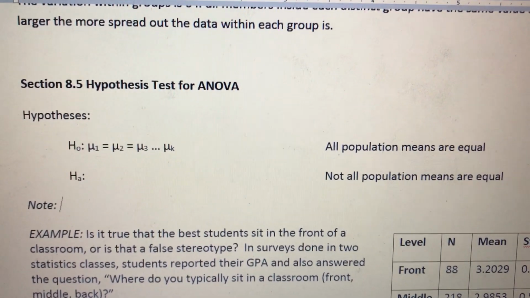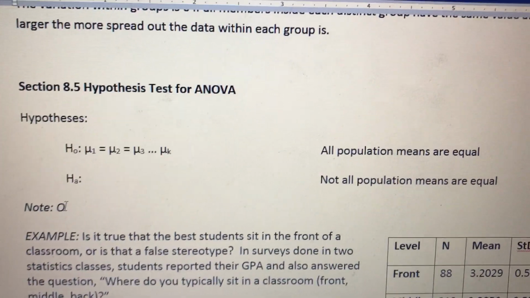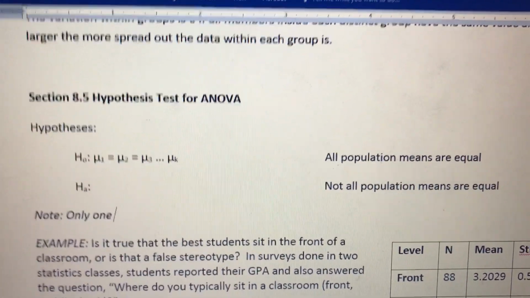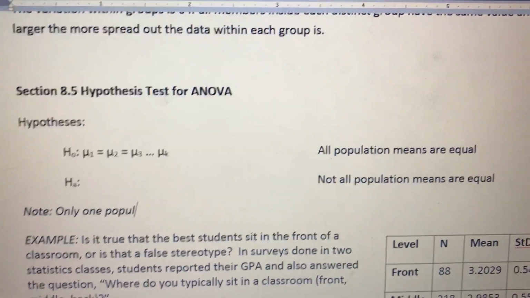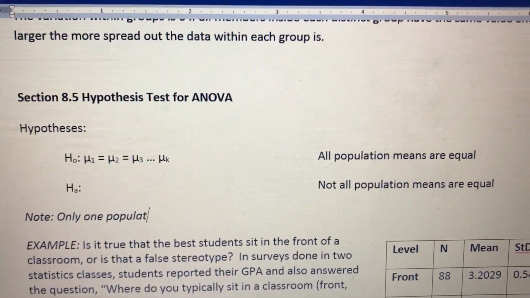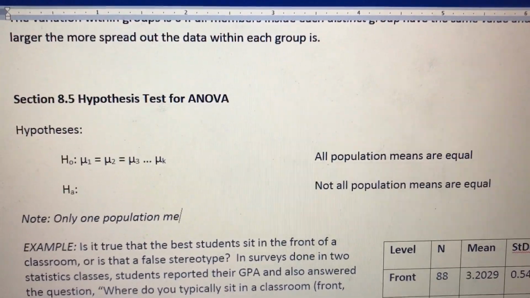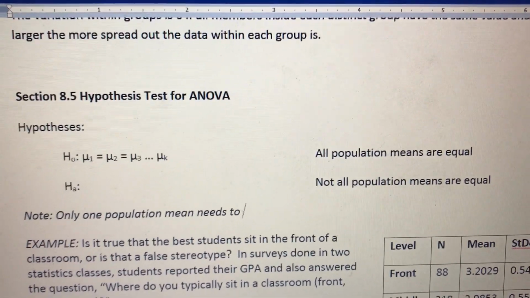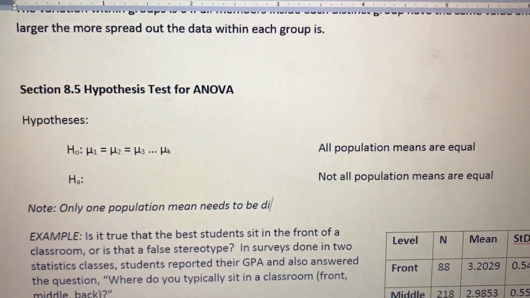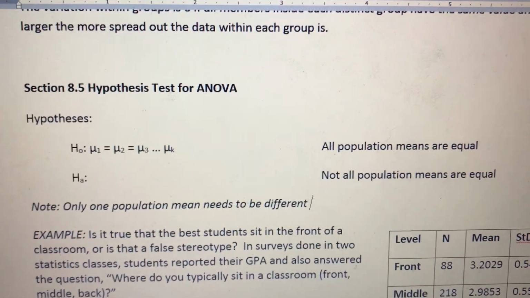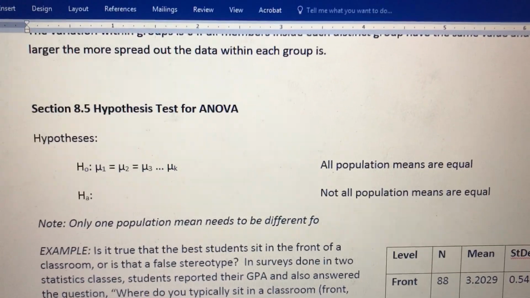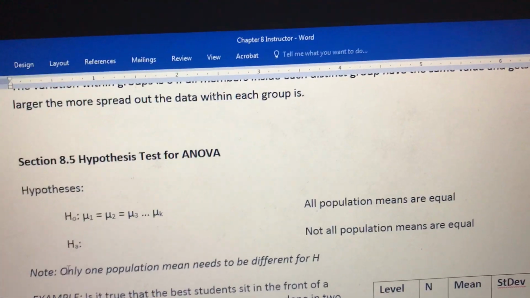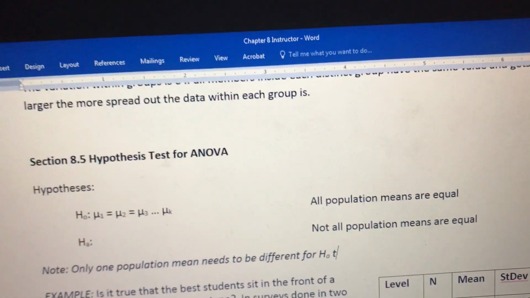only one mean needs to be different. So only one population mean needs to be different for our alternative hypothesis, so for H sub A, to be true.